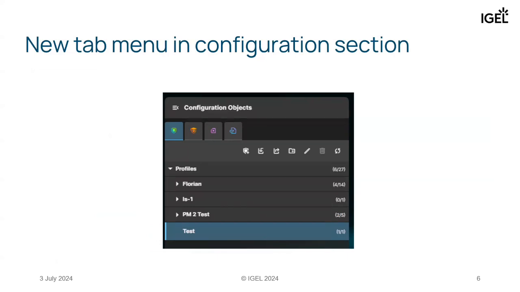So you only see the tree and the icons of the objects of that type in this section. And if you want to go to the next object type, then you just change the tab. This simplifies the menu and the organization in the web app.